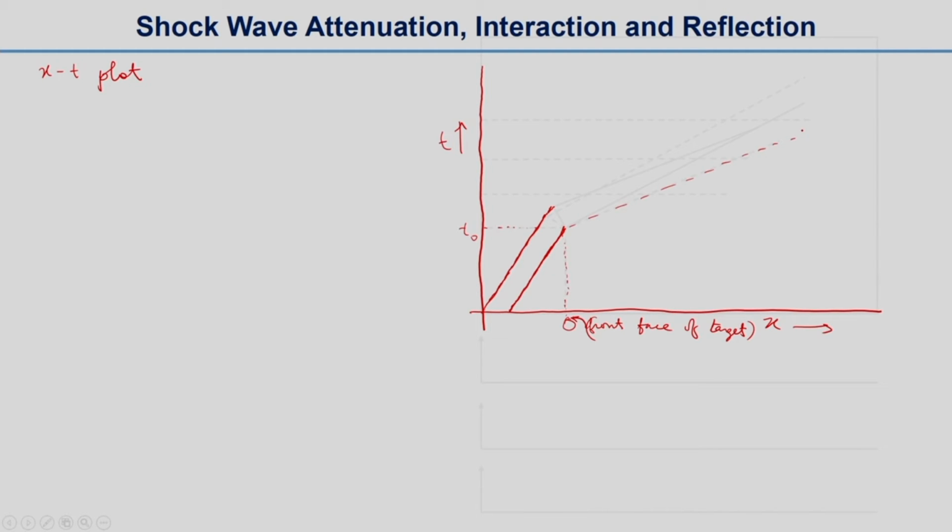Here we are taking some assumptions. The first assumption is that the elastic wave is faster than the shock wave, and the second assumption is that the projectile and target materials are the same.